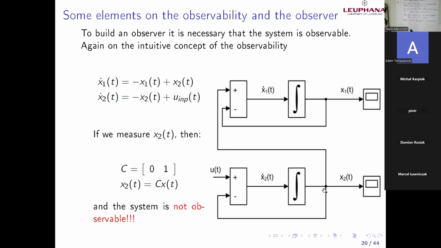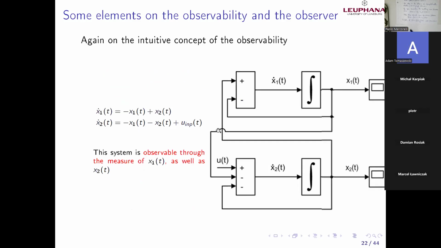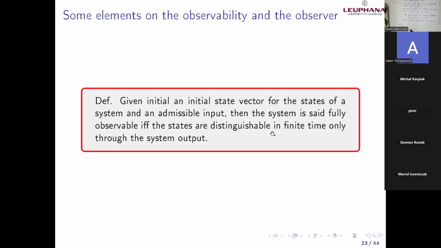But if I measure this, I have just information of this because we don't have a connection between x1 and x2. I have a connection between x2 and x1. If I measure x1, the system is observable because I have x1 and I have x2 through this connection. This really fleshes out what observability is. Here, it doesn't matter what I measure because you have the double connections. x1 is connected with x2 and x2 is connected with x1, just to fix the idea.